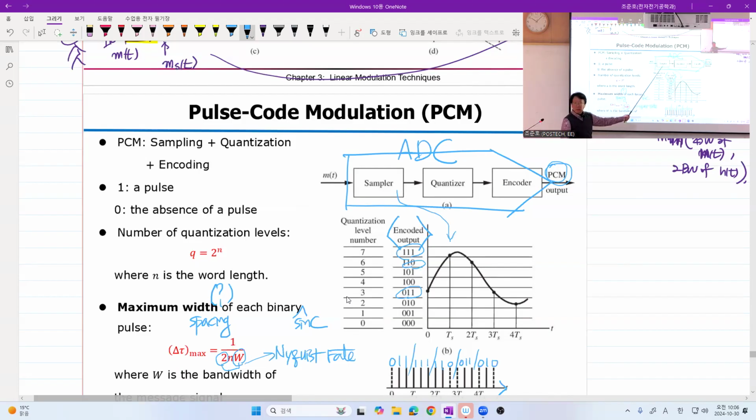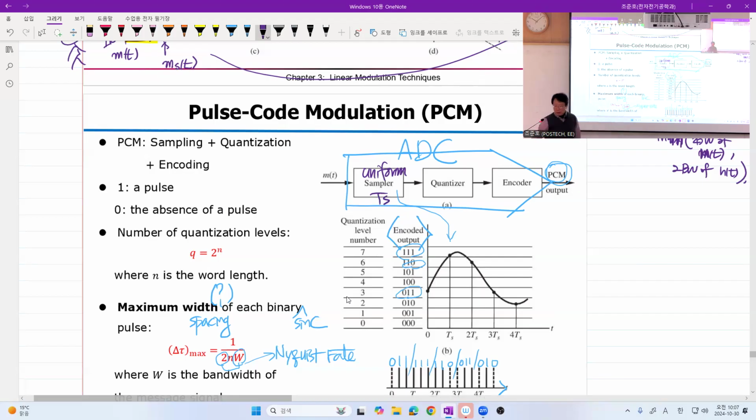First, what is a sampler? Mathematically speaking, the sampler is usually a uniform sampler. A uniform sampler with sampling rate 1 over Ts evaluates the incoming signal's magnitude, let me say amplitude, which could be negative, at a uniform rate.